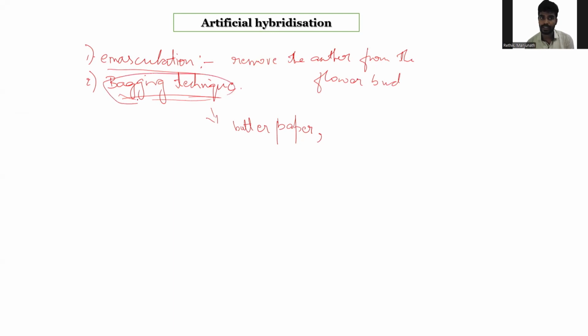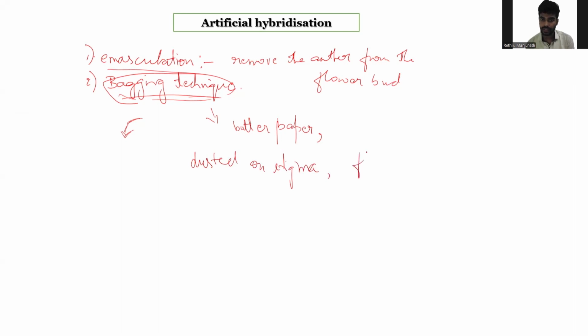And once the stamen has reached its maturity stage, the flower will be cross-pollinated with the desired pollen grains. In this way they achieve artificial hybridization. Once the stamen reaches maturity, the mature pollen grains are collected from the anther of the male parent and dusted on the mature stigma.